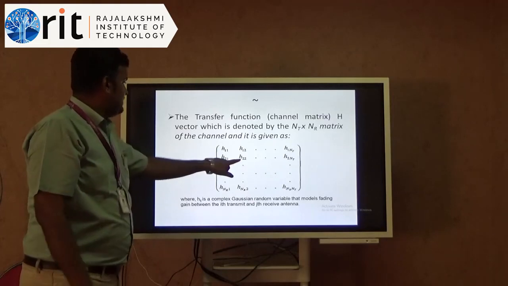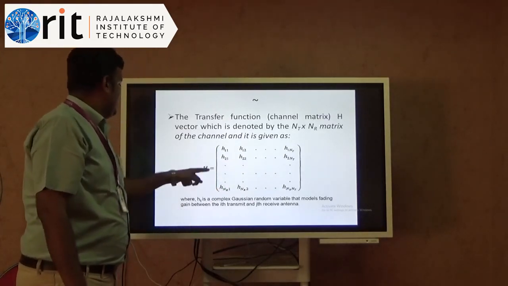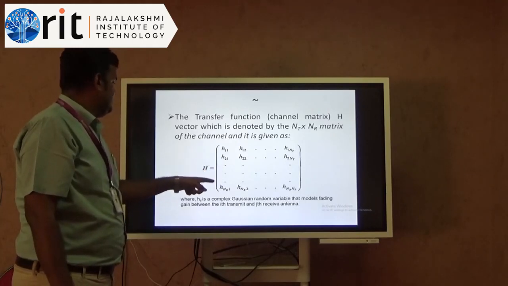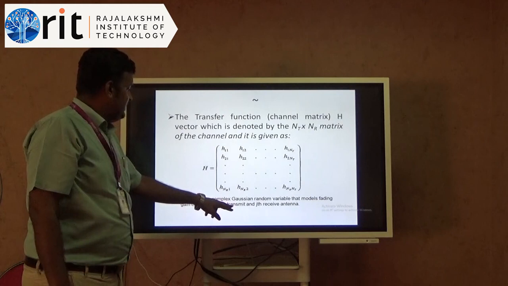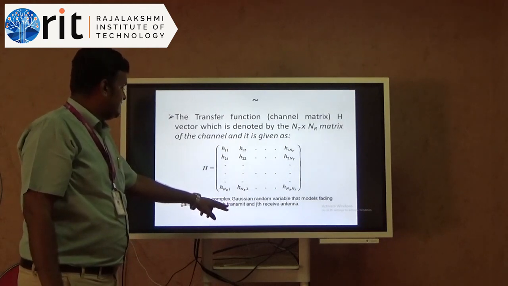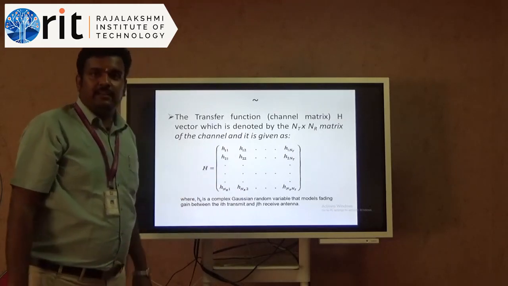For example, if you consider H23, it means i is equal to 2 and j is equal to 3, which means H23 is the transfer function that corresponds to the ith transmit antenna to the jth receive antenna.